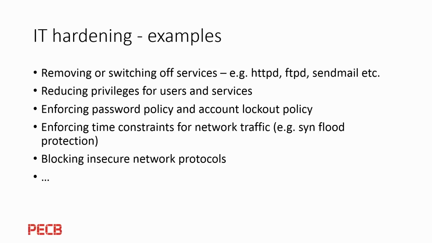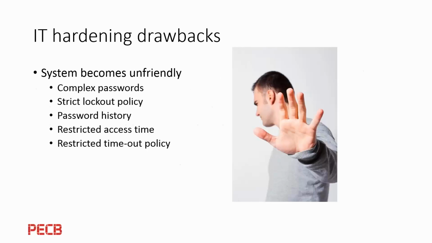So you can have a lot of various examples of IT hardening, but the problem is that sometimes there is some negative impact of this configuration on the possibility of using the system. A basic example is the case where the system becomes unfriendly for the users. For example, complex passwords.